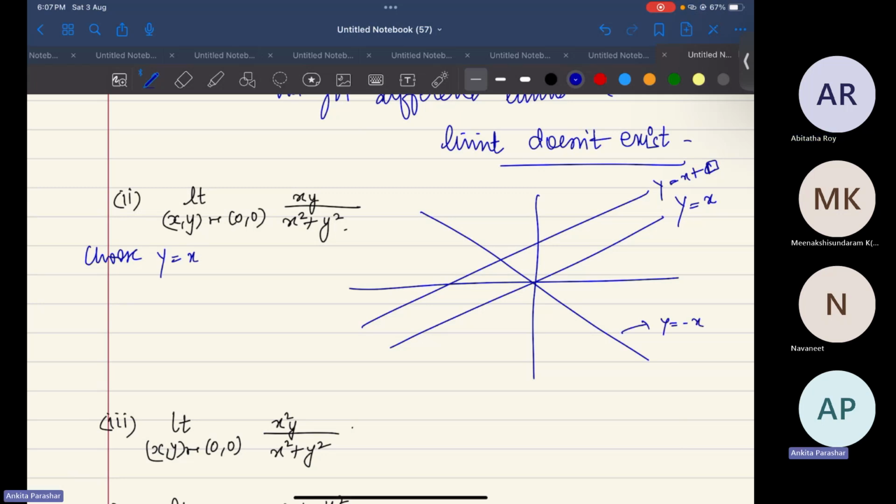Okay, so this line gives limit x tends to 0, with y replaced in terms of x, x square by x square plus x square.